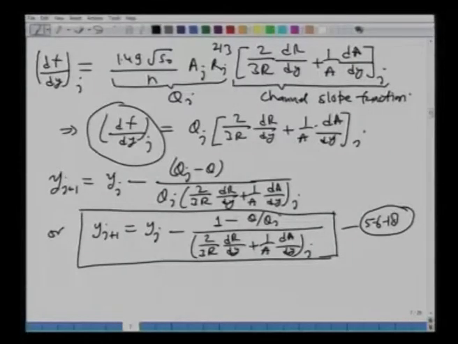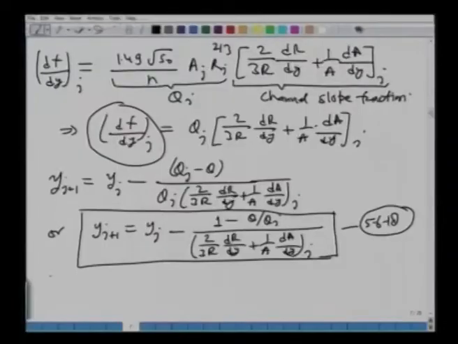So, you see that this is a complicated expression we have derived for finding the depth of flow in the channel using the Newton-Raphson method, which is an iterative procedure. At each iteration, we need to compute this channel slope function.